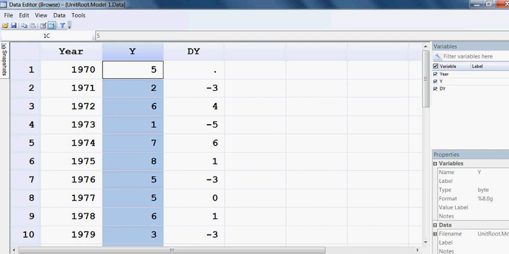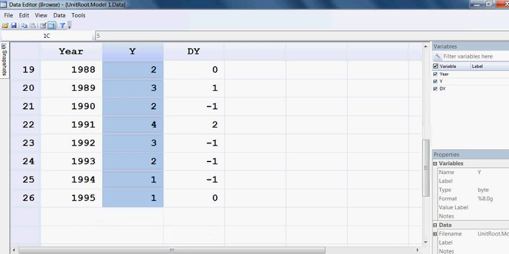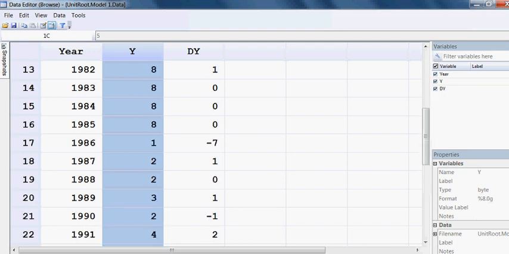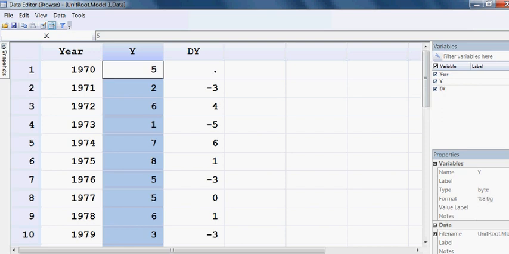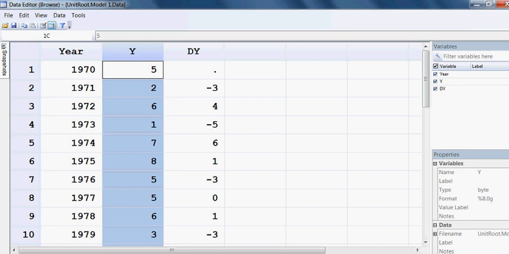Y is the variable from 1970 until 1995, and we want to check whether this y variable has unit root or not. That we want to check today.